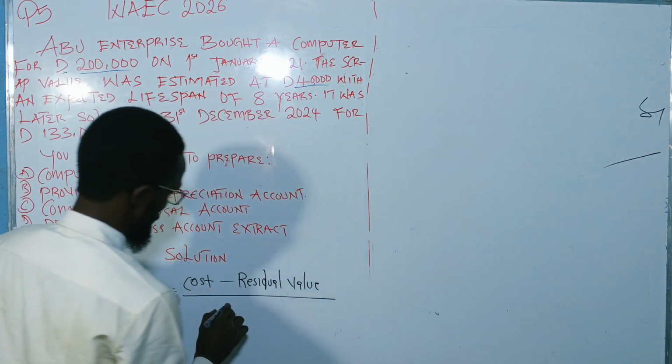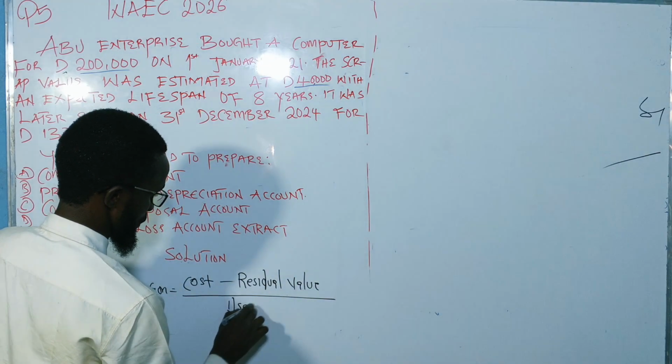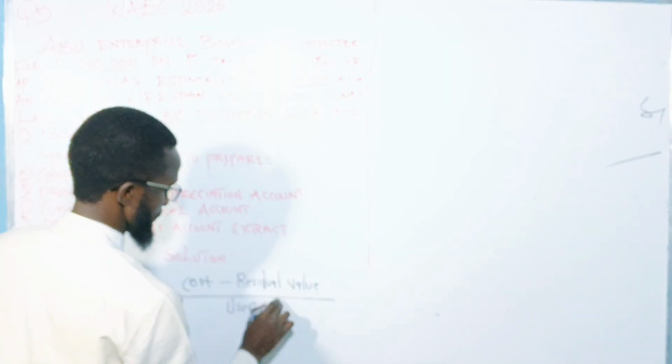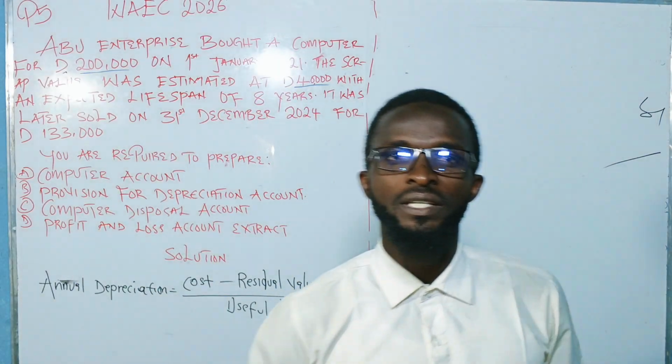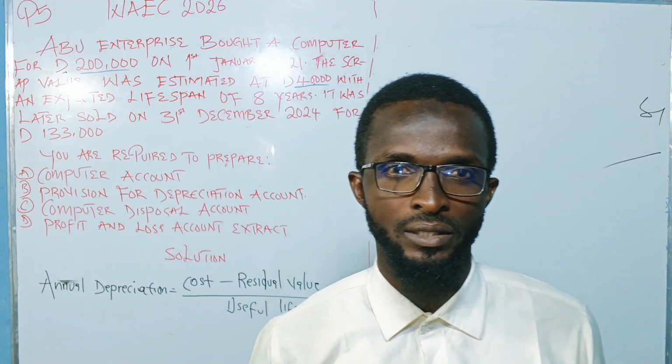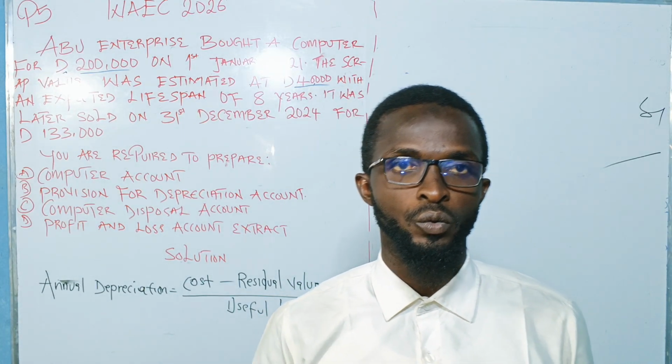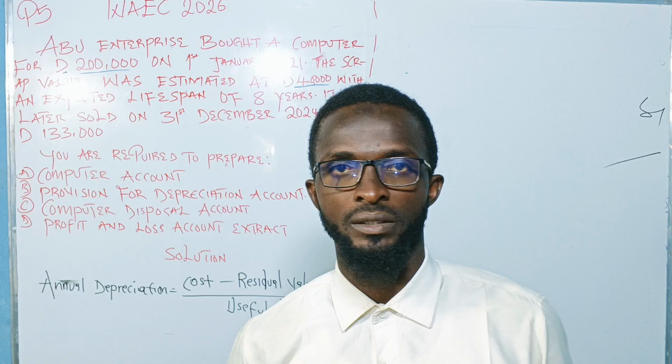Divided by useful life of an asset. Useful life is how long the asset is going to last according to how we estimated.